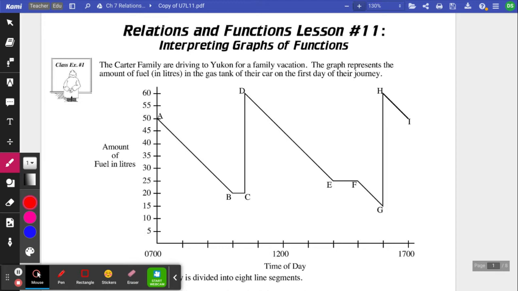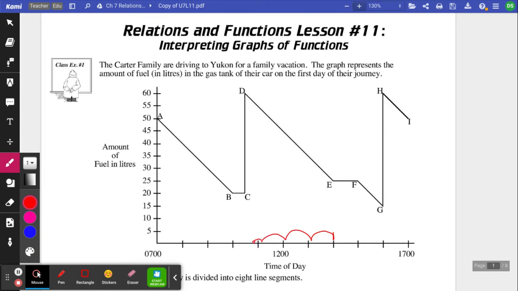So how many liters are consumed between point D and E? 35, because you took 60 and subtracted 25 from it. So 35 liters were consumed. And how many hours is that? We know E is right here, so 1, 2, 3, and it looks like maybe a little bit over.